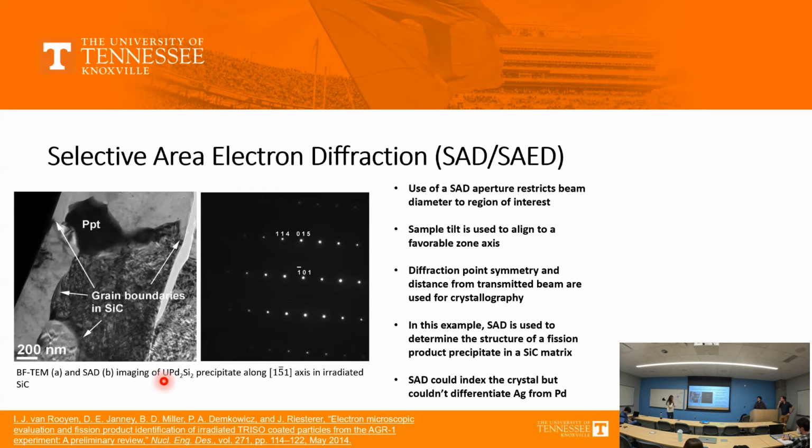If you use a convergent beam, you're going to excite a lot of background information from the matrix as well. But the very small spot size from convergent beam is pretty important, because with selective area diffraction, it's tough to really get an aperture below 200-ish nanometers.